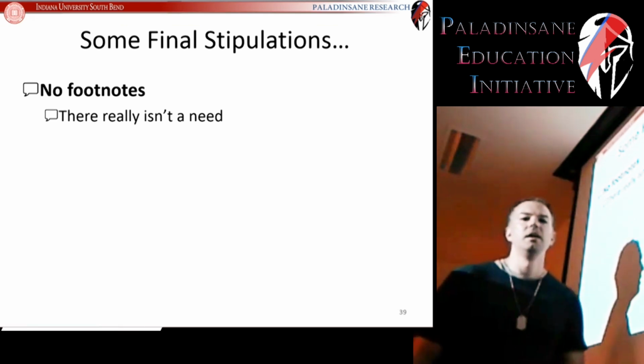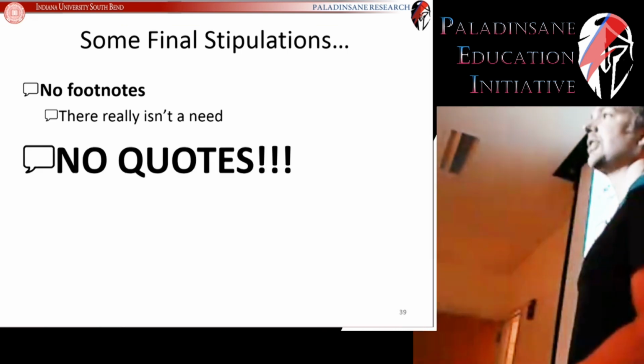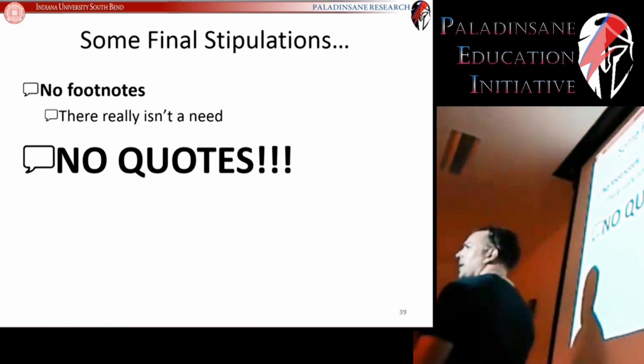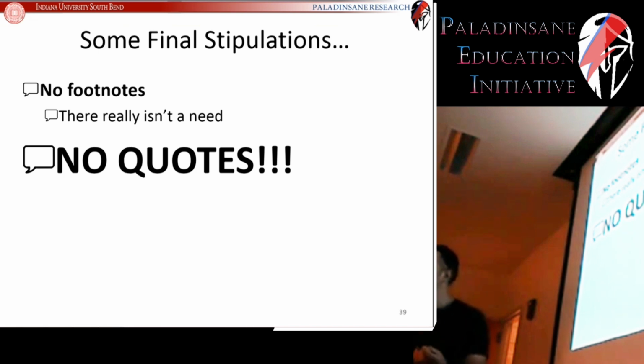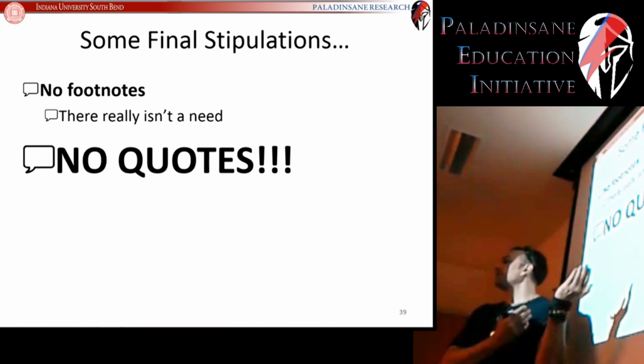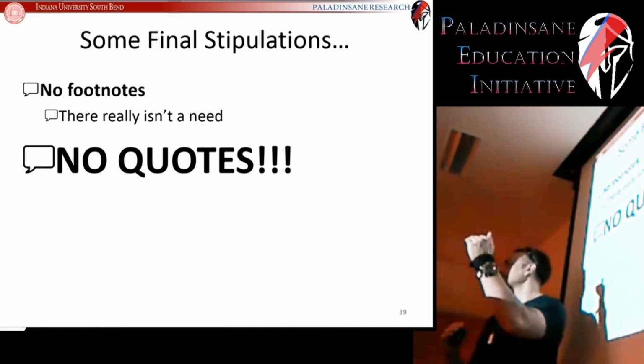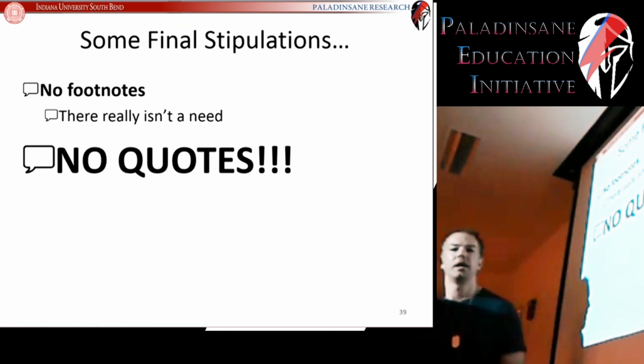The big one, I am not allowing quotes for your research paper. Absolutely no quotes whatsoever. And much like footnotes, quotes are allowed in APA style. You'll see entire sections on how to quote properly in APA style.